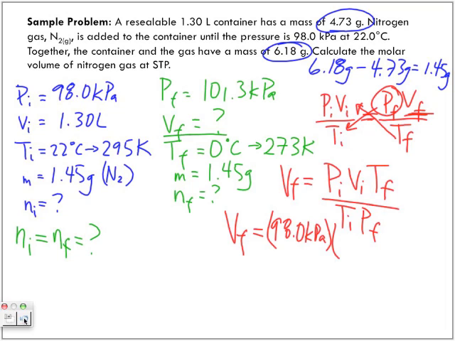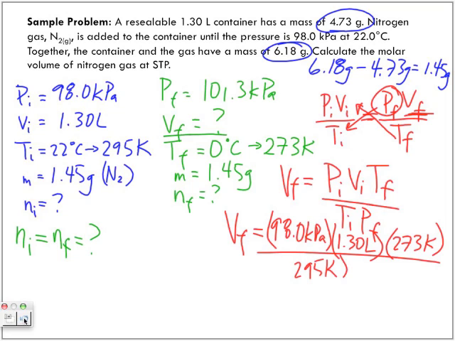Multiplied by our initial volume, 1.30 liters, multiplied by our final temperature, which is 273 Kelvin, all divided by our initial temperature, which is 295 Kelvin, multiplied by our final pressure, which was 101.3 kilopascals.